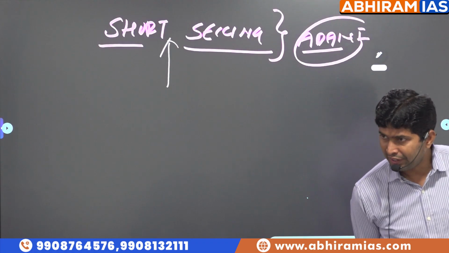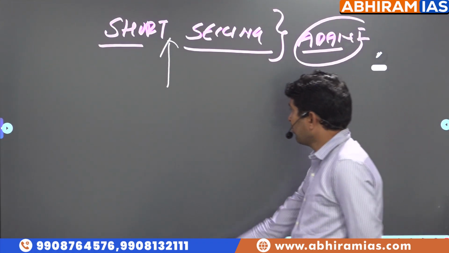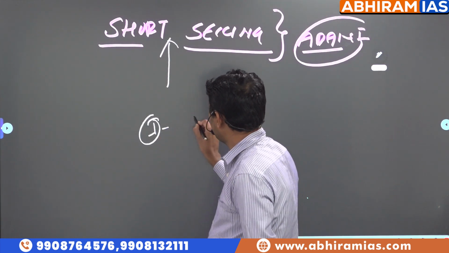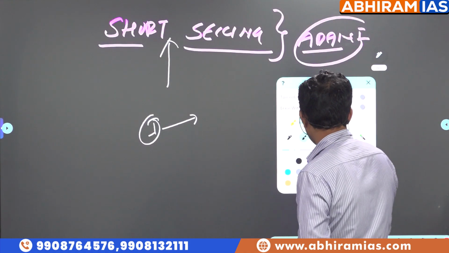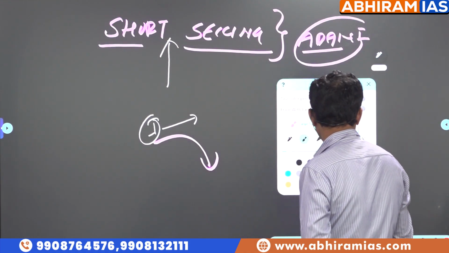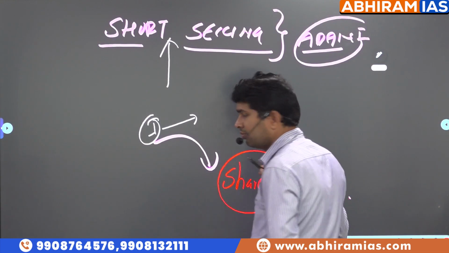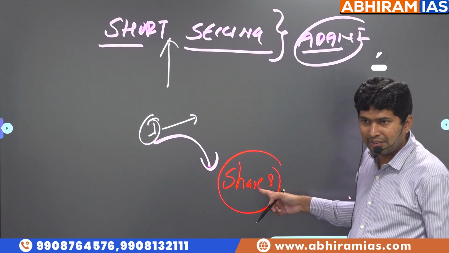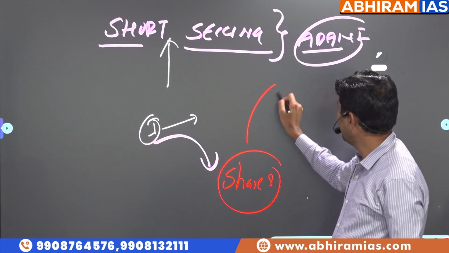So I can make profit generally. But what is short selling? I don't have shares. So I will borrow shares from somebody else. This is not my share. I am borrowing the shares of somebody else. I am selling it.